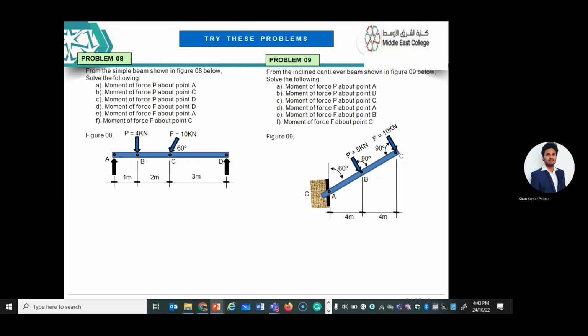So for this, what is the first thing we need to calculate? Forces Px and Py. What is the Px? What is the formula? What is P? What is the answer? Sorry? 0. Py? How much?